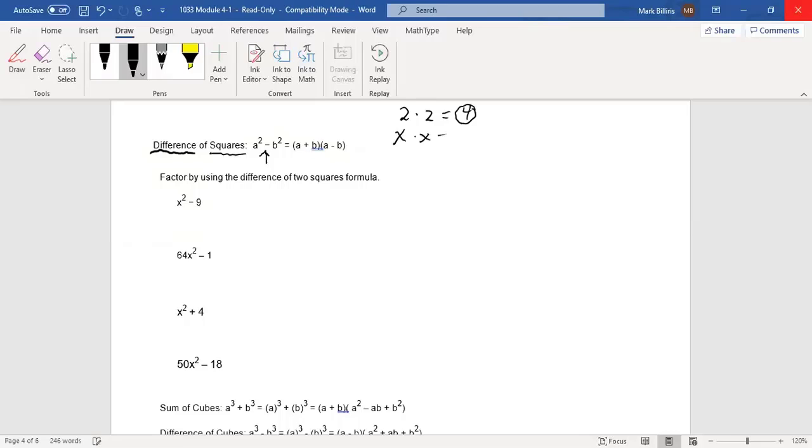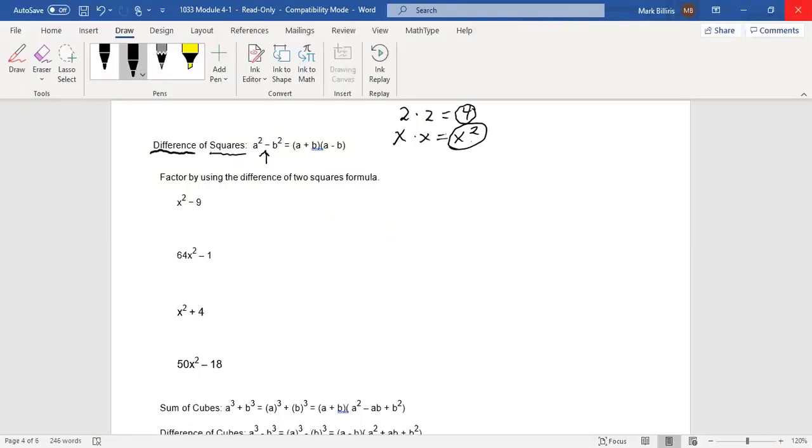X times x is x squared. So x squared is also a perfect square because we multiplied x times itself to give us that product. So when we're identifying the difference of two squares, it needs to be the subtraction of two perfect squares, similar to the x squared and 4.